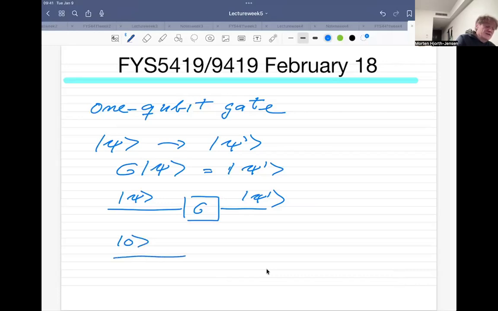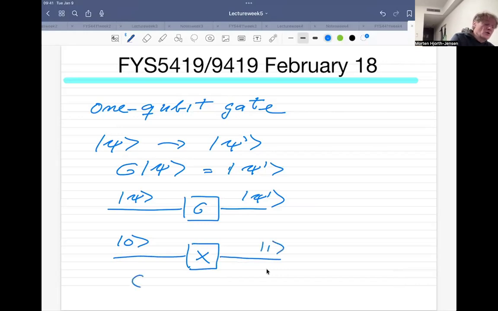And then we could have, as an example, the Pauli X gate. And we know that this one is a gate or an operation which changes our initial state 0, and it changes that to a state 1. So that was an example of what we last week called a NOT gate. This is the equivalent of a classical NOT gate.